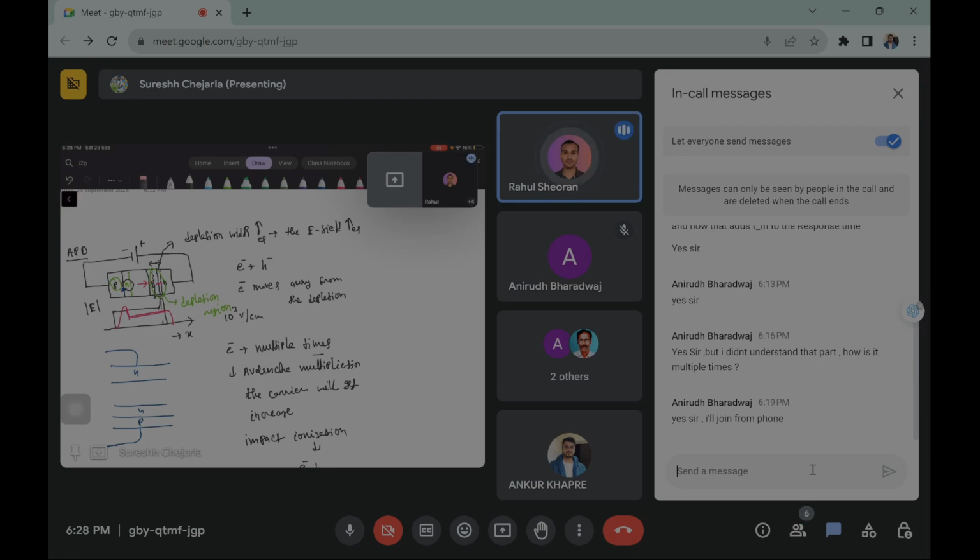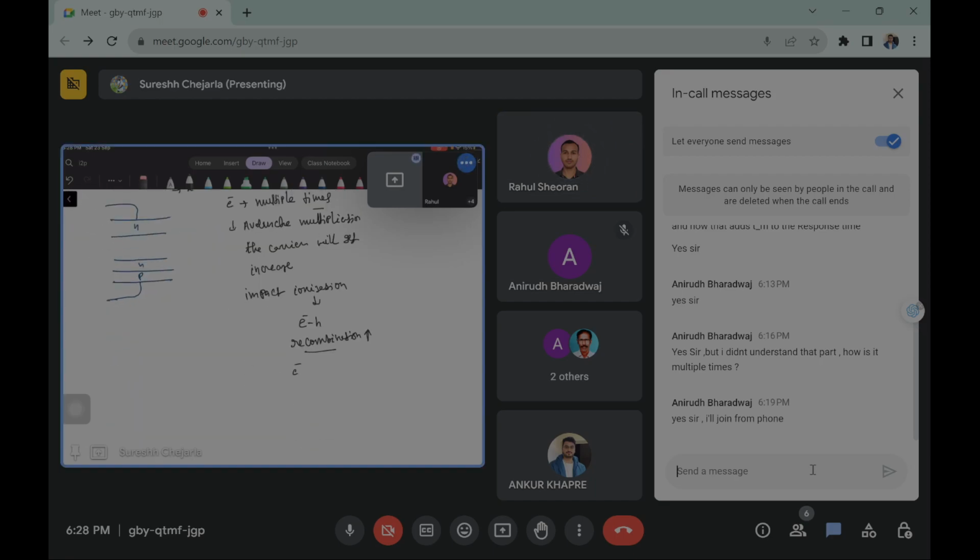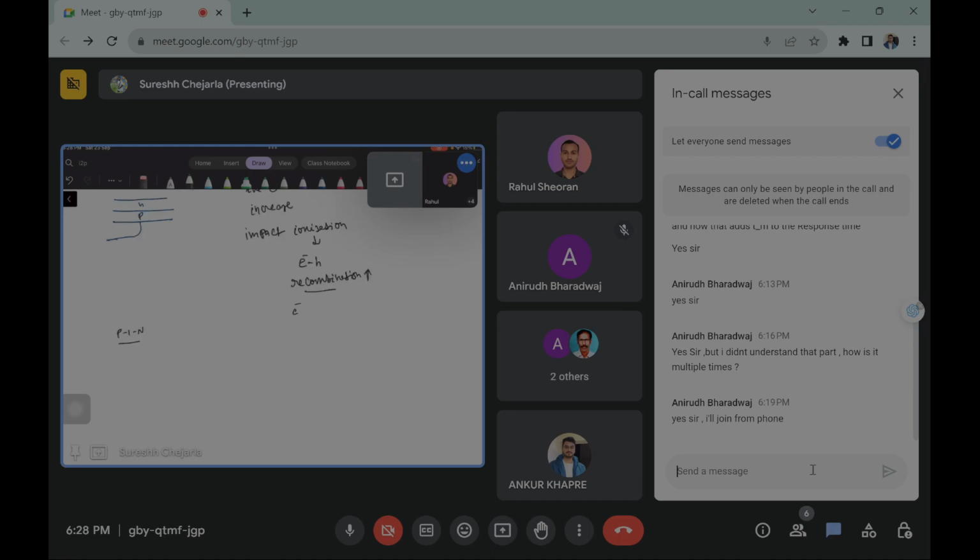Was that a mistake he said? No, that's not a mistake actually. You mentioned the PIN diode. In that PIN diode, we add an extra intrinsic layer between P and N. It is actually called a resistive layer.